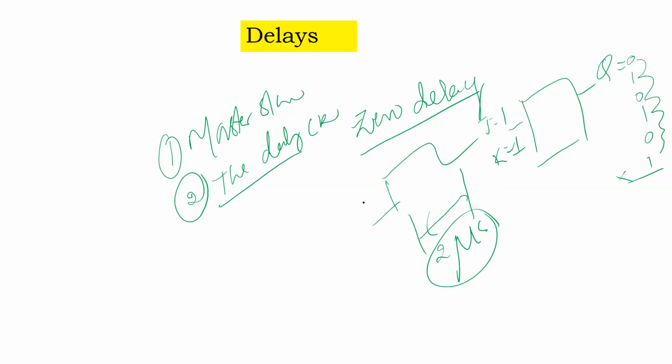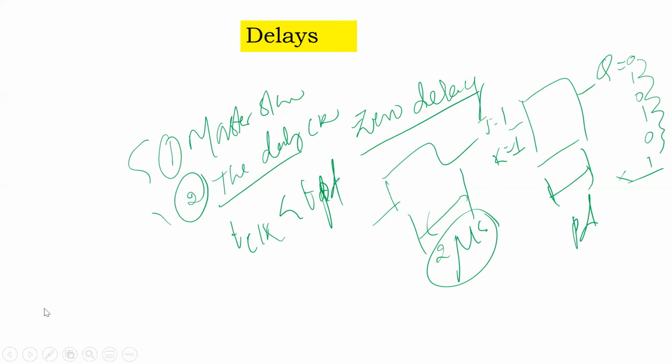This clock pulse, this TCLK, should be less than this TPD. This circuit is having some propagation delay. This is the condition. If the clock pulse width is less than the propagation delay in the flip-flop, then definitely you can avoid this one. These are the two cases. Of course, you can avoid it.